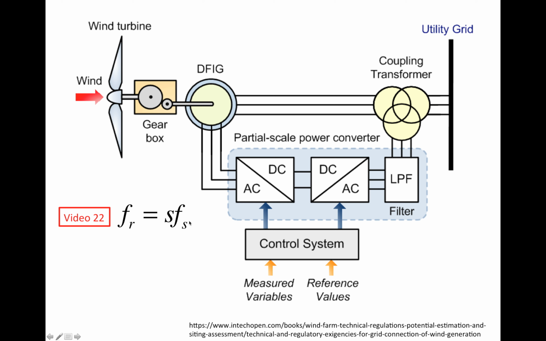But the slip is usually not unity, right? It's not 1. It's actually very far from 1. So the frequency inside the rotor is very different from the utility grid frequency, right?